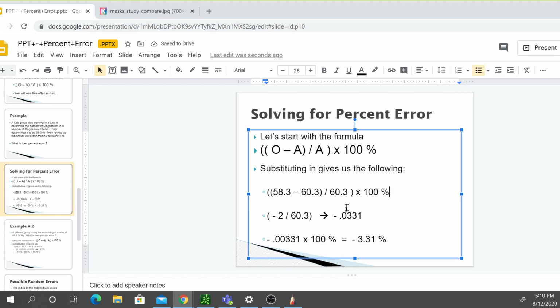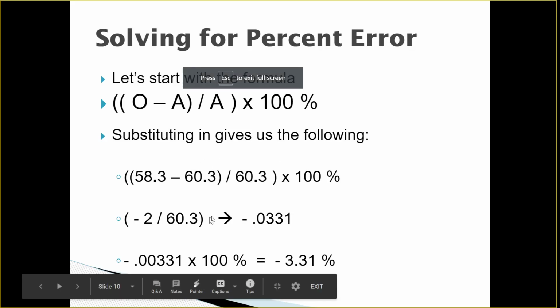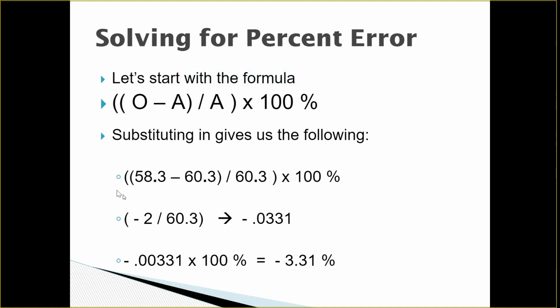Okay, now that's the correct amount. Once we take -2 divided by 60.3, we should get -0.0331, and that's going to end up being -3.31%. Okay, and that's all that percent error really is. It's just taking the observed minus the actual divided by the actual. So it's finding out how much error you have and dividing it by what the actual number was to kind of normalize it. Okay.